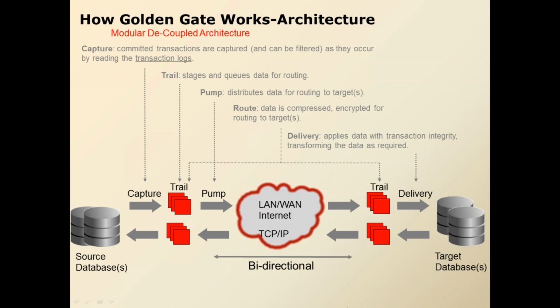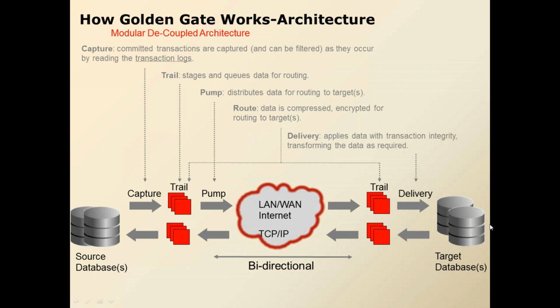So tomorrow we'll be starting with creating the capture process, defining the trail files, creating the pump, and defining the delivery processes. So the advantage of using Oracle Goldengate is your source database name could be different, target database name could be different.